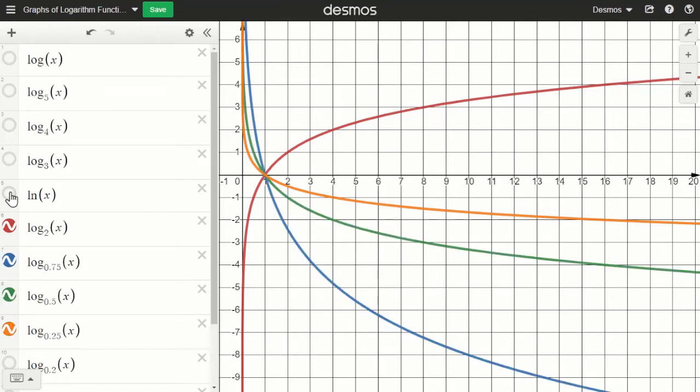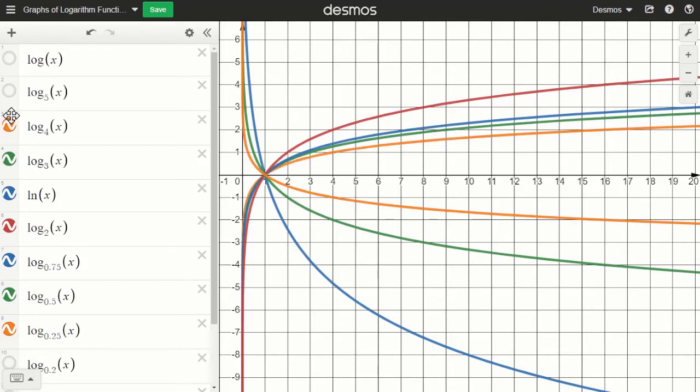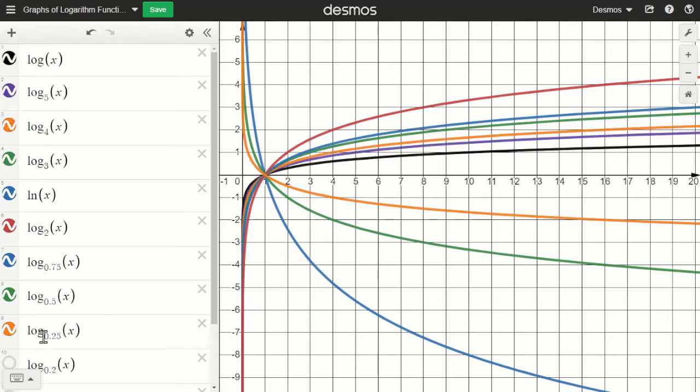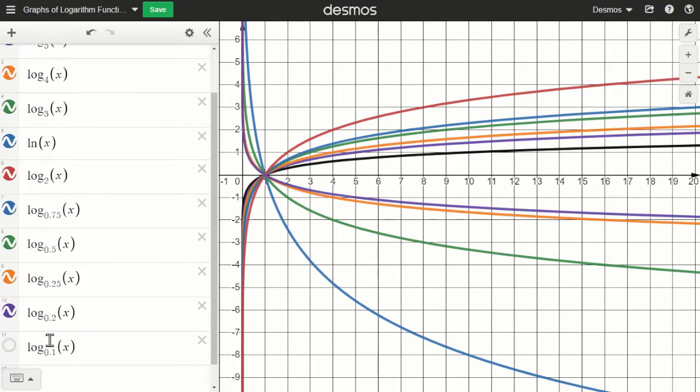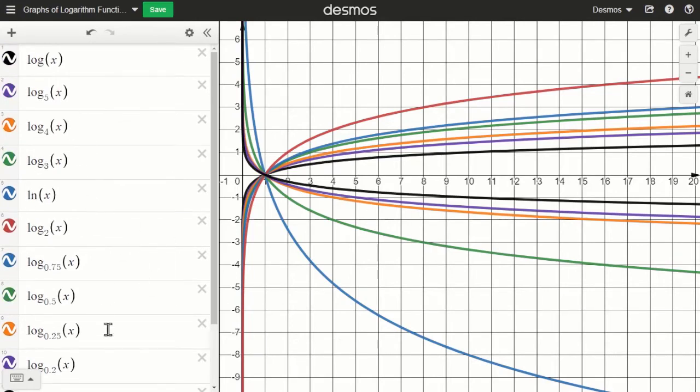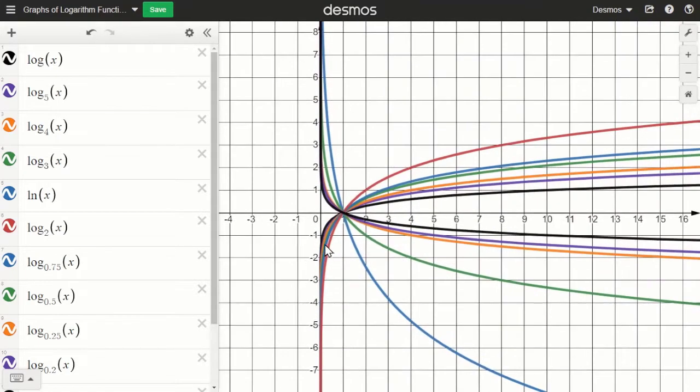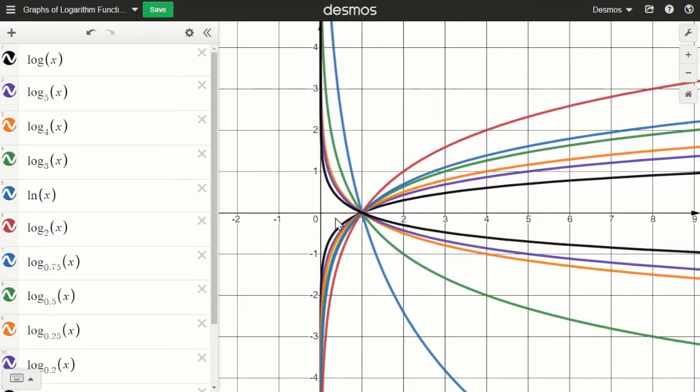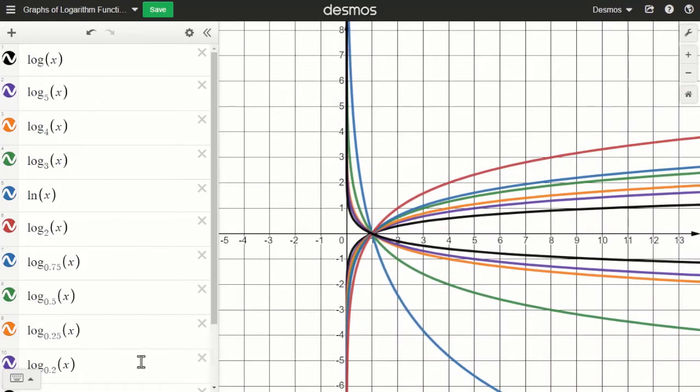So if I turn on all of the logarithm functions on this list, all of them put together produce a very busy picture. But one thing I see is that all of these graphs stay to the right-hand side of the y-axis, even though it's a very busy graphing space with a lot of logarithm graphs.